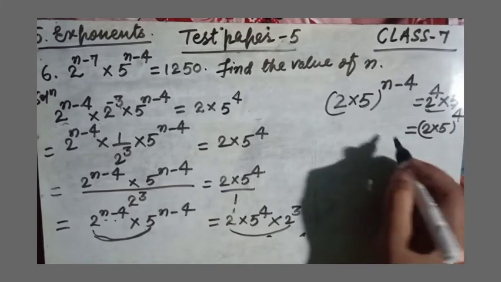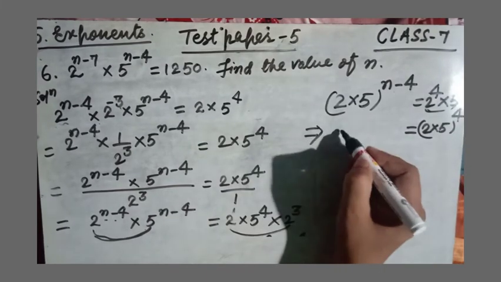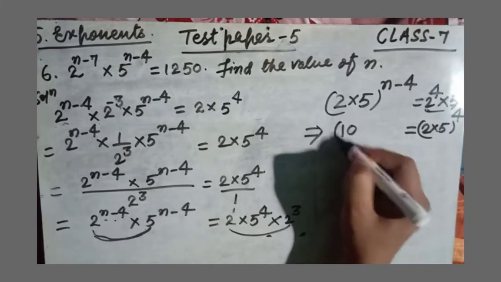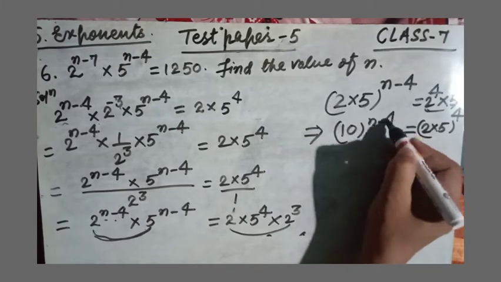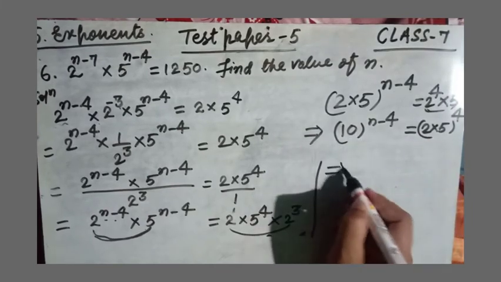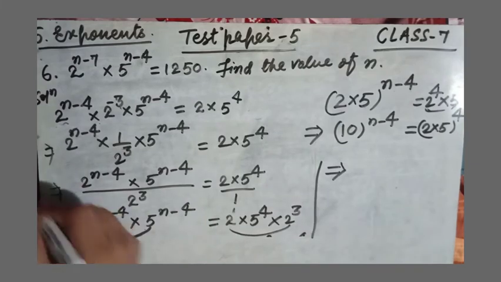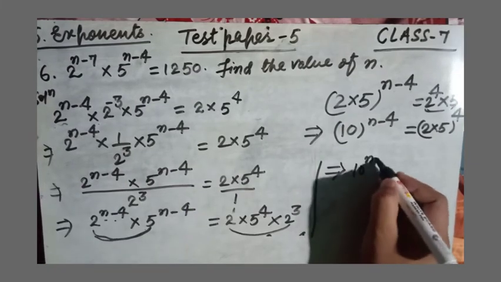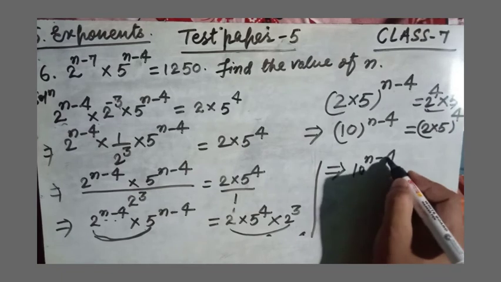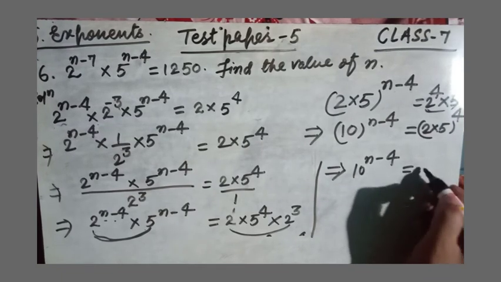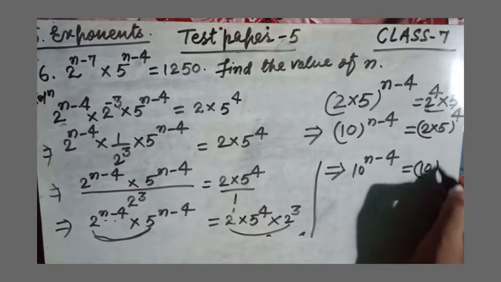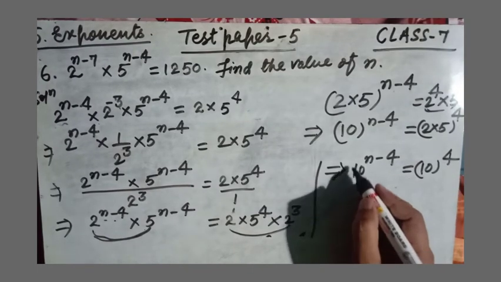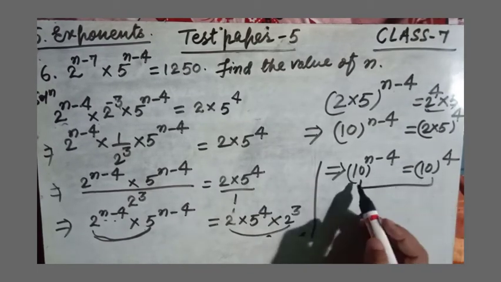Now the left hand side is equal to 10 raised to the power n minus 4, and the right hand side is 10 raised to power 4. Now have a look, here the base is the same, 10.